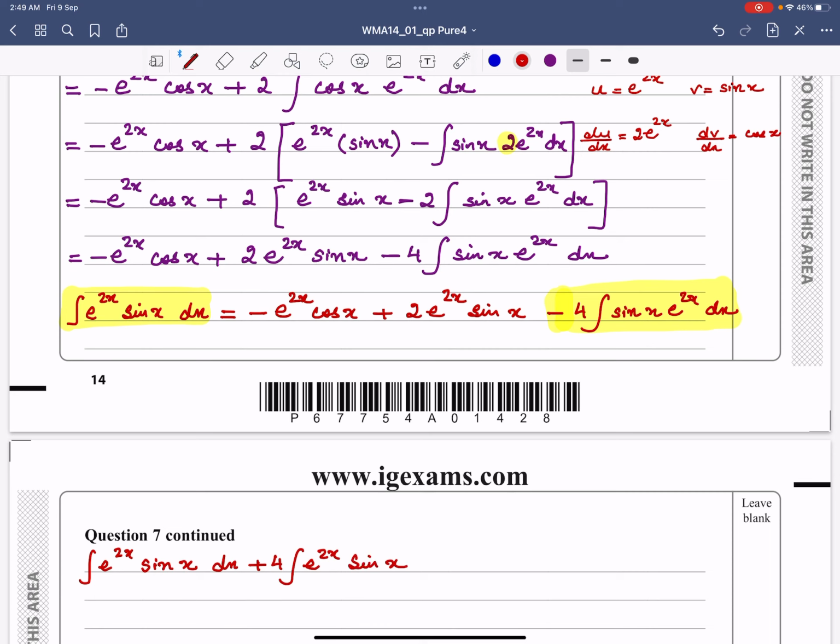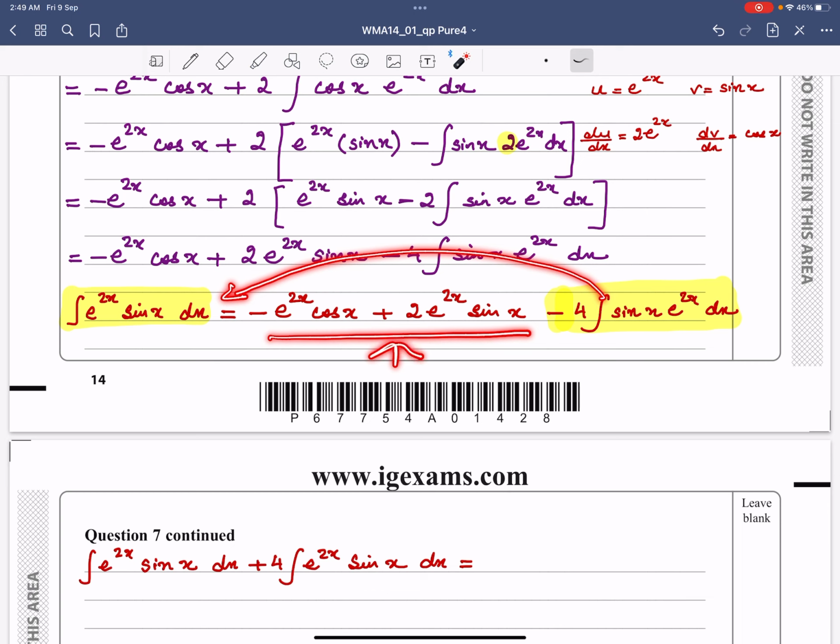So it's the same thing here, e to the power of 2x and sine x. So I've just written it the other way around. They are products, so it doesn't matter if we change their position. And then with respect to dx, and that is equal to what is left on the right side, because I pulled this on the left side. So what is left on the right side now.